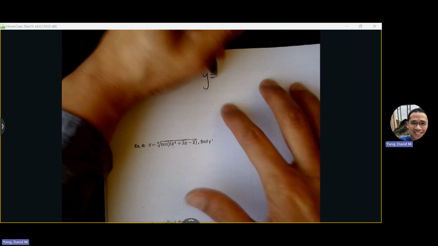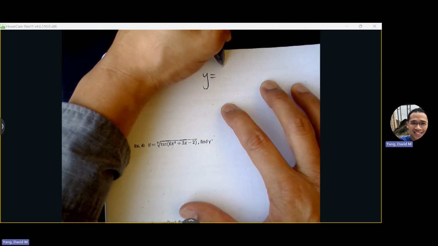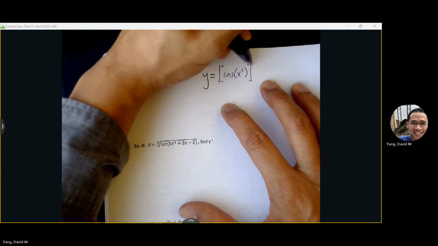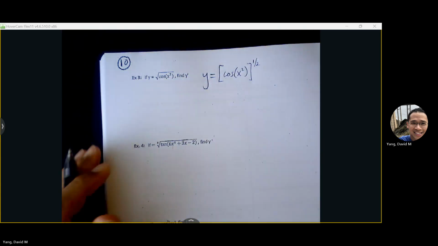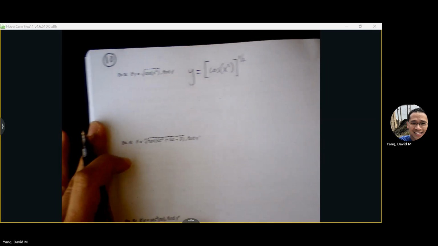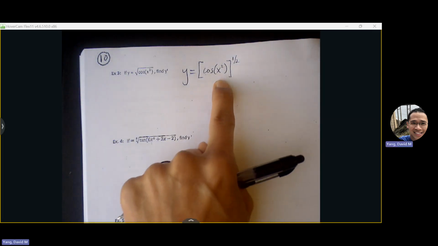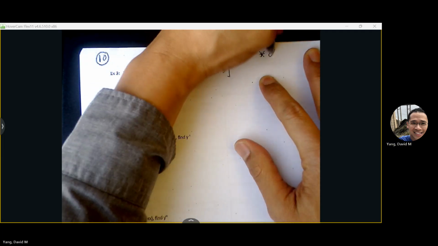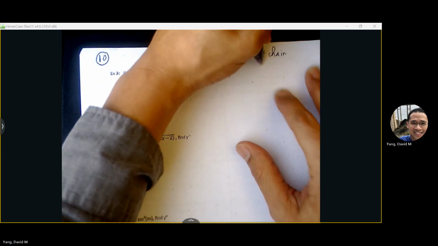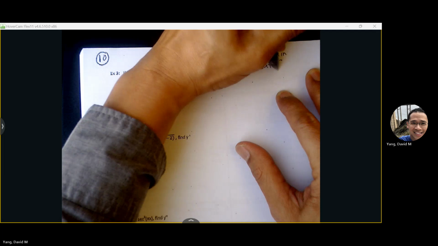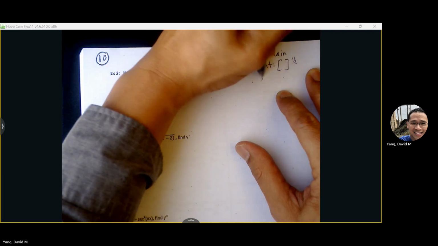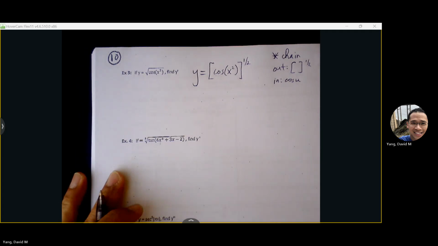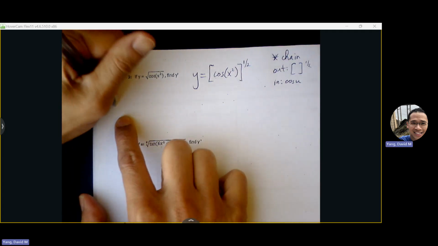Okay, so let's rewrite it using a set of parentheses or brackets. So we have outside portion and inside portion. We know we have to go through what rule here? Chain rule, right? So we start off with outside's derivative.